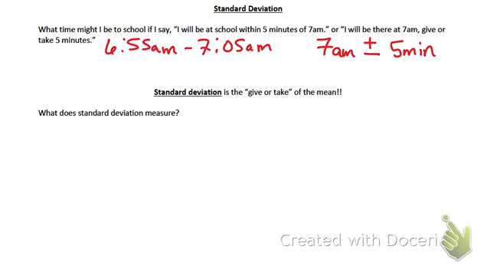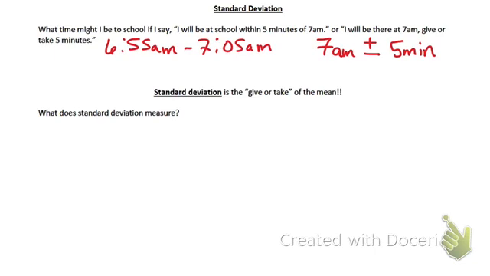Does that mean that I will never get here earlier than 6:55? No. Does that mean I never get here after 7:05? What are these numbers? These are averages. On average, I get here at 7 o'clock, and on average, that typically varies by about 5 minutes.